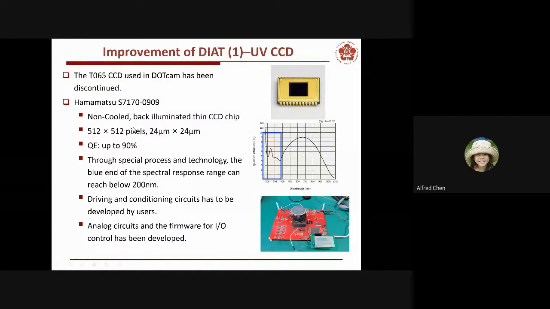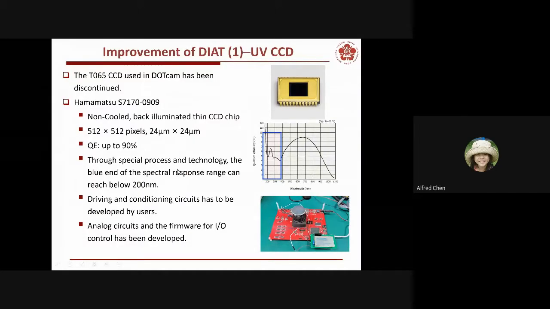This CCD is non-cooled and is a back-illuminated thin CCD. The pixel size is 512 by 512, and the pixel pitch is about 24 microns. The QE is very impressive. It can be up to 90% in the blue light.